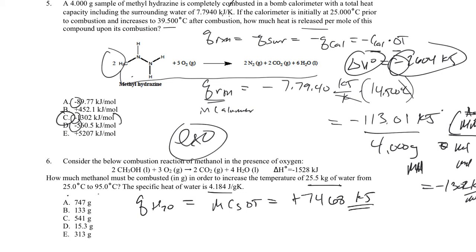That's how much heat has to be absorbed by water in order for it to increase its temperature by 70 degrees. Now, if the heat's coming from this reaction taking place, so heat's being given off by the exothermic reaction, we want to know how much methanol is needed in terms of number of grams.